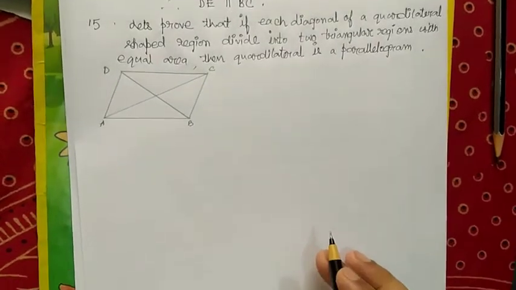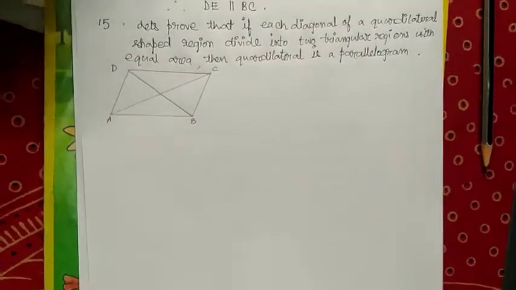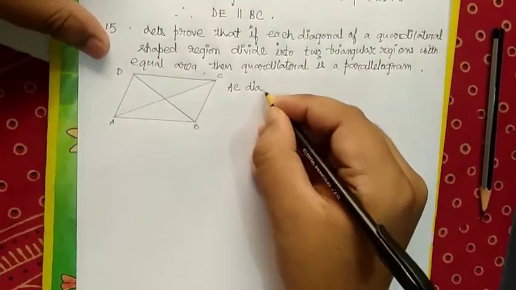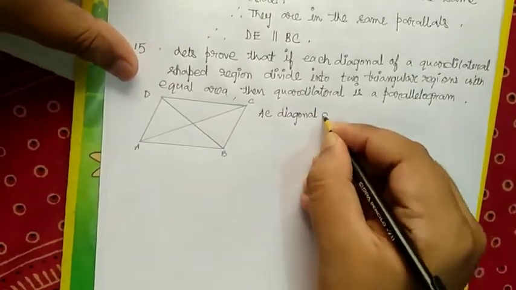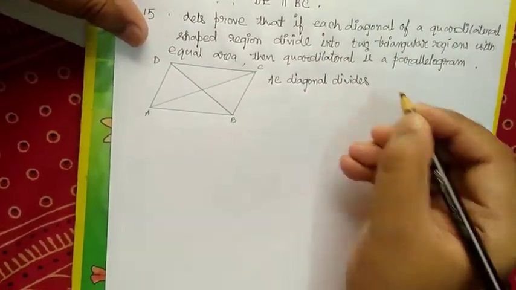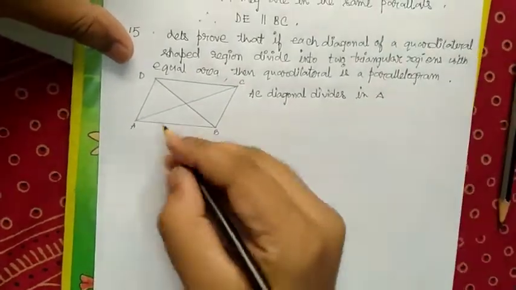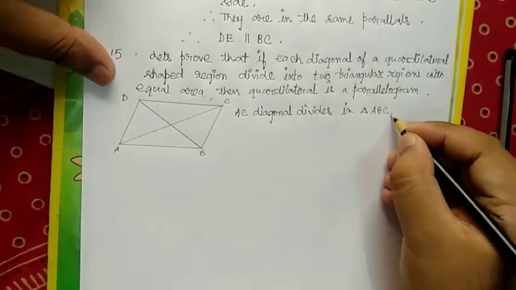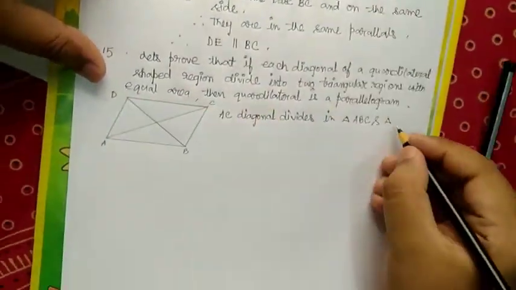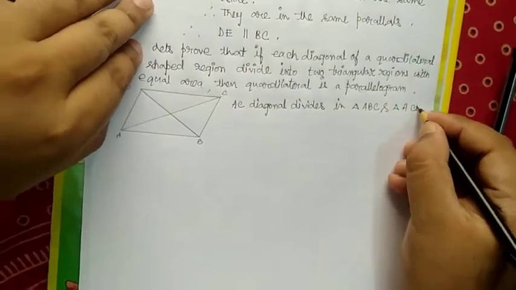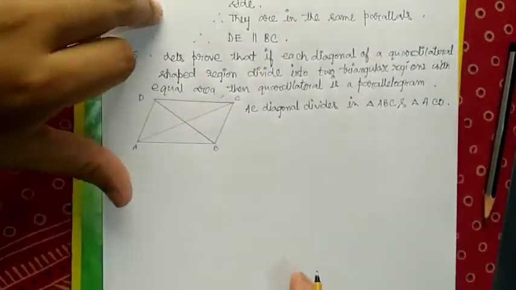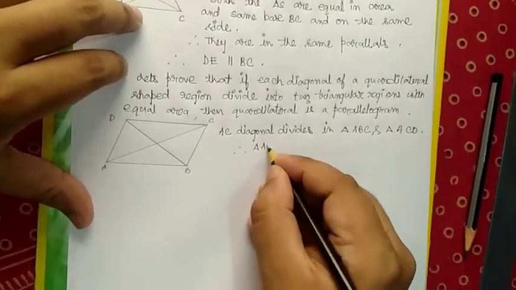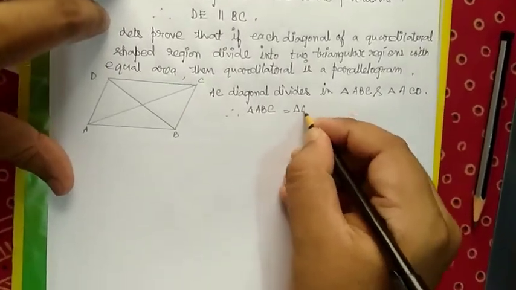Now, each diagonal of a quadrilateral shaped region divides it into two triangular regions with equal area. So, AC diagonal divides it into triangle ABC and triangle ACD. So therefore we can say that triangle ABC equals triangle ACD.